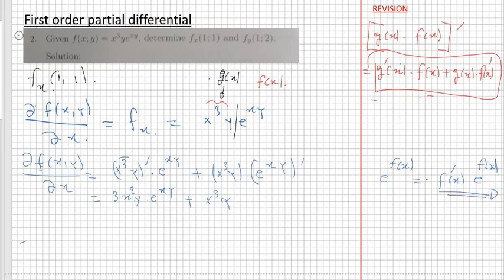I'm sure you can see that in the formula, but here we have a multivariable function. So if we derive e to the power of f, we have to derive f first, and then multiply it by e to the power of f.